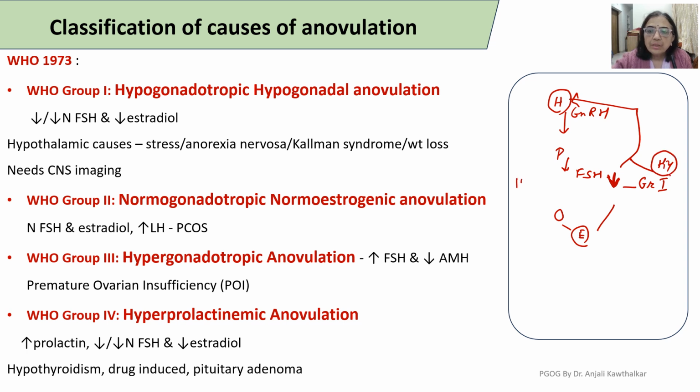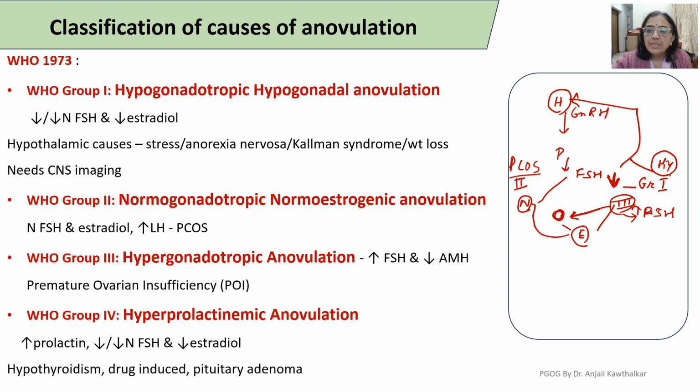Group 2 is where FSH and estradiol both are normal, and the most common is PCOS. Group 3 is where there is a problem at the ovarian level. So what we have is mainly raised FSH in group 3, and the problem is here. So group 1 problem is at hypothalamic level. Group 2 is PCOS.